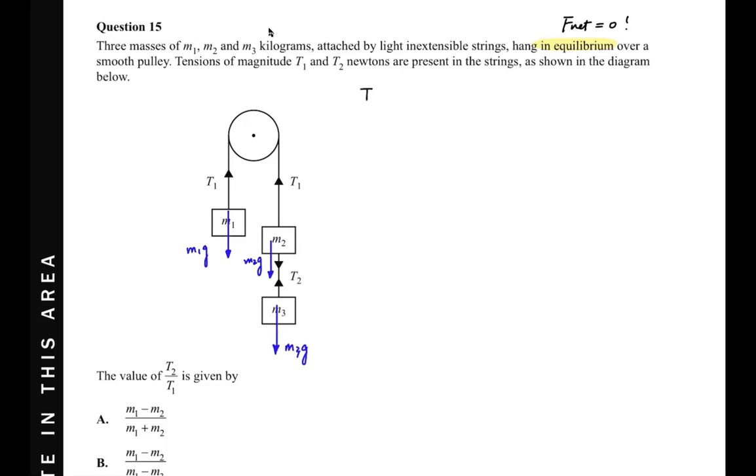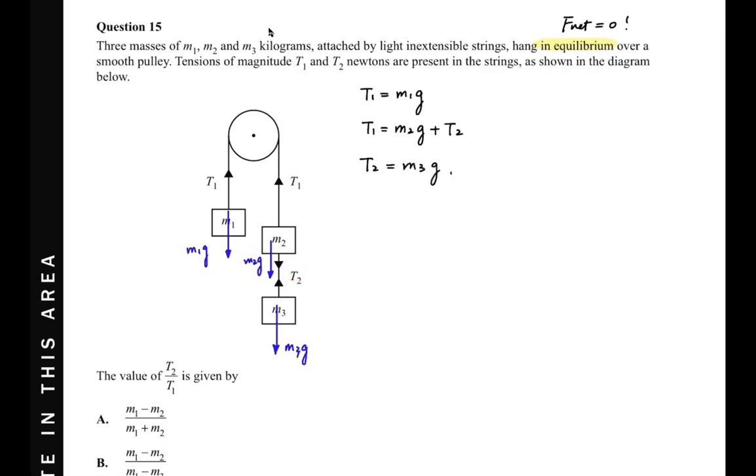For the first one, T1 equals M1G. That's pretty straightforward. And we should have another T1, which is here, equals the sum of M2G and the T2 here. And the last one, T2 equals M3G.